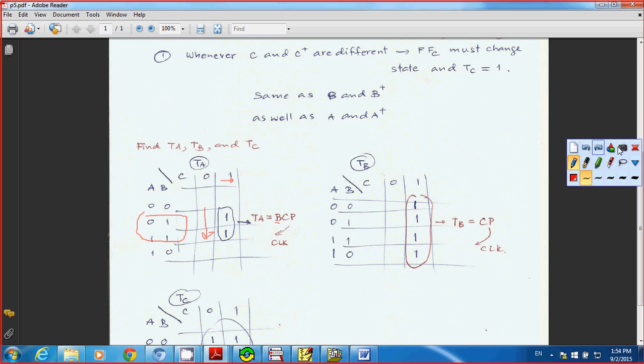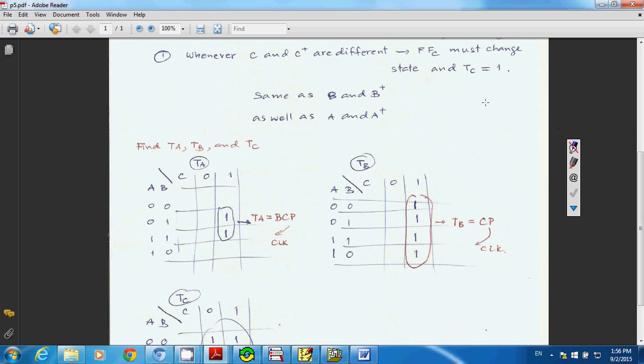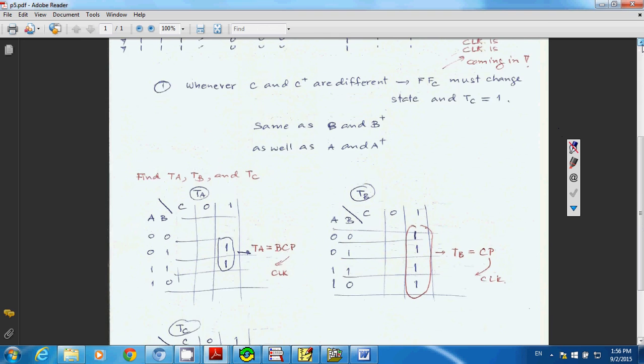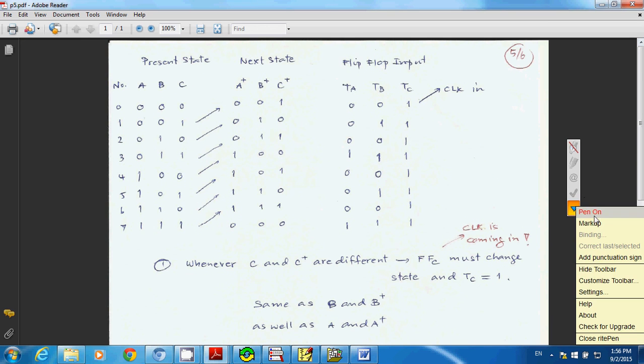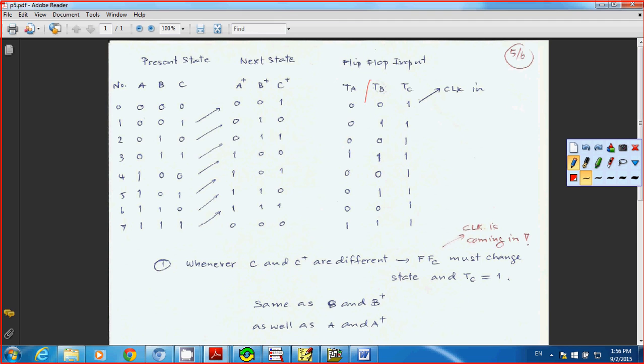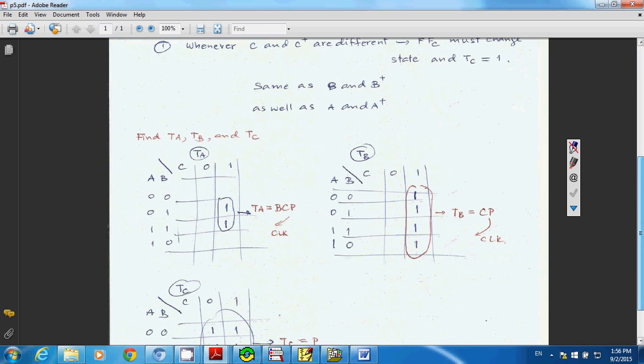And now for TB, you look at the truth table, you can do the Karnaugh map. Let's say TB first, right? You have 0, 1, 0, 1, 0, 1, 0, 1. You have 4 ones. So I have TB here.